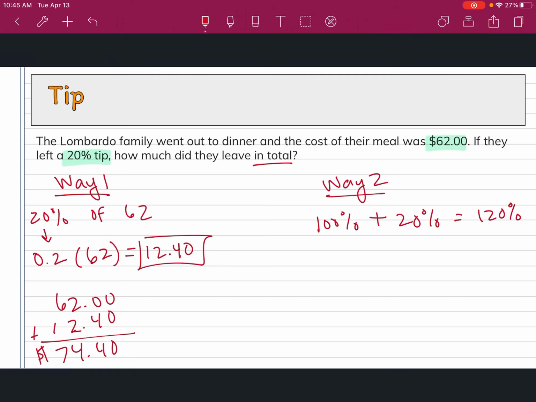Okay, so we know that we can turn 120% into a decimal, divide by 100 and get 1.2. So we can multiply 1.2 by $62, which means we're paying 120% of that total to get $74.40. Whichever way you do it, that would be your final answer.